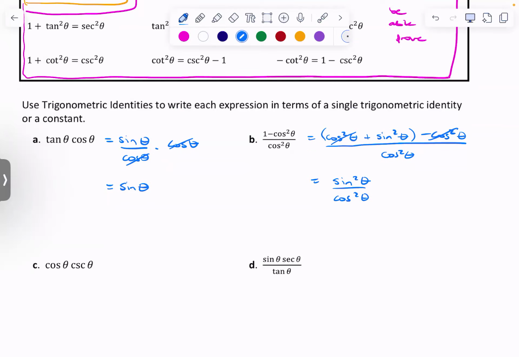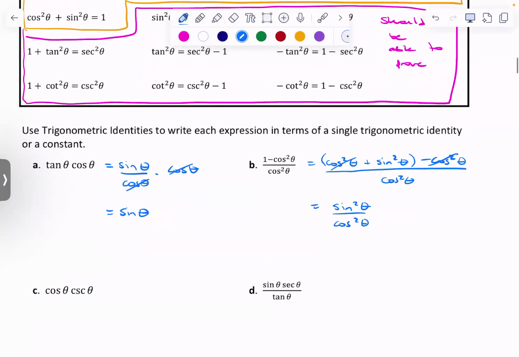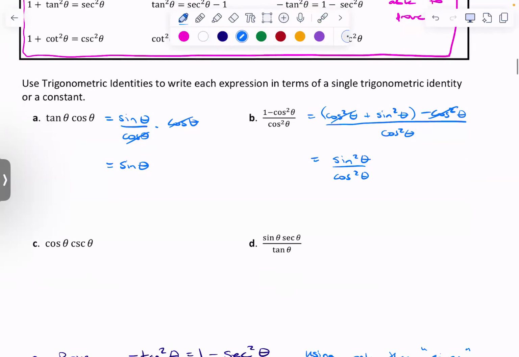Now, the thing about the sine squared and the cos squared, we can move the square outside. The square on the sine and the cosine is really just a nicer way to read it. Technically, this is the same as sine theta over cos theta all squared.